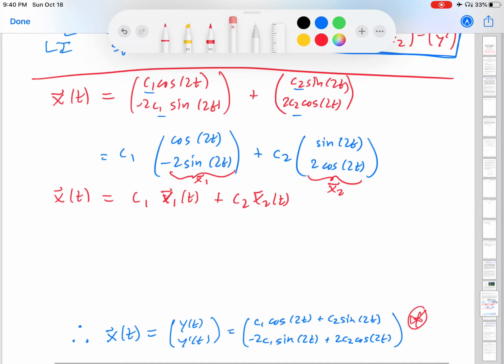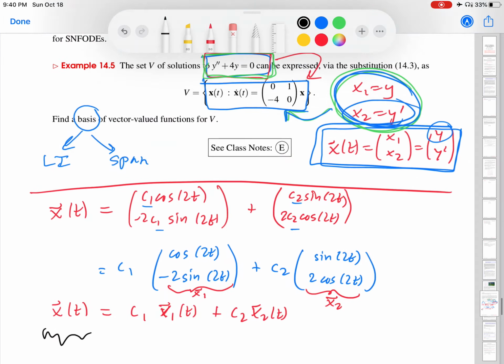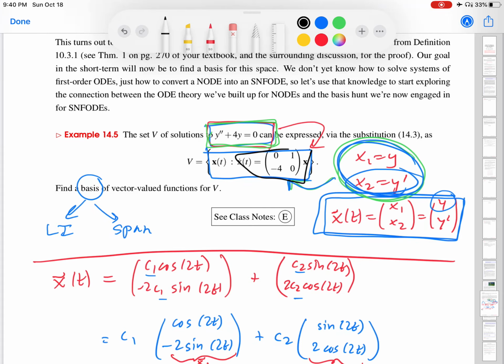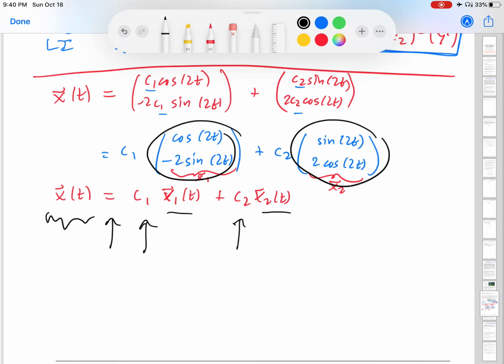If we stop thinking in terms of differential equations and put on our linear algebra hats, what we have just shown is that if x of t is a vector valued solution to the system, in this example, then it can be written as a linear combination of x1 of t and x2 of t, that one and that one.